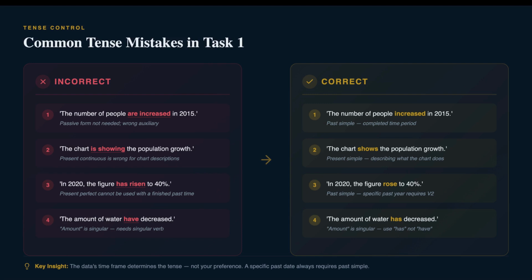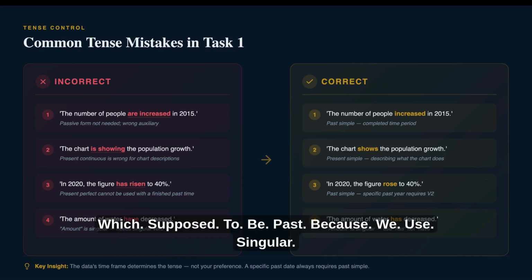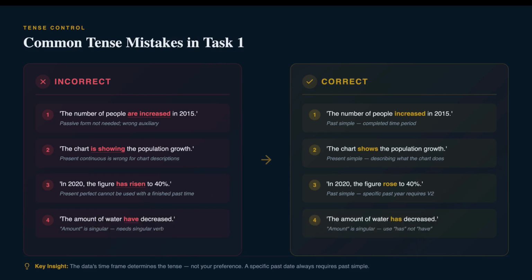Last but not least, number 4: The amount of water have decreased. In this case, the writer used the wrong verb form, have, where it's supposed to be has, because we have an uncountable subject.